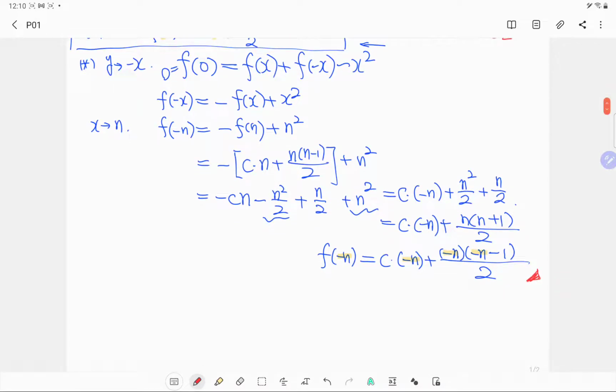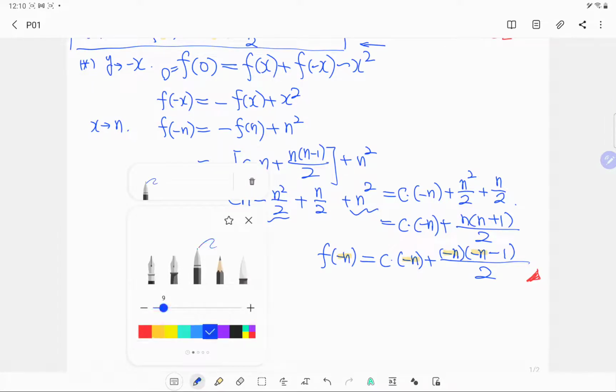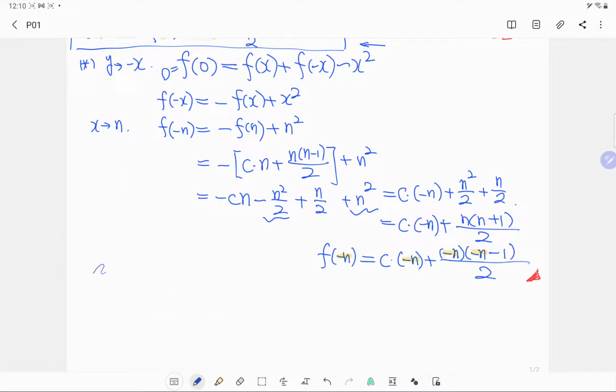So the next step is to prove when x is a rational number, which means n over m for n an integer and m an integer.